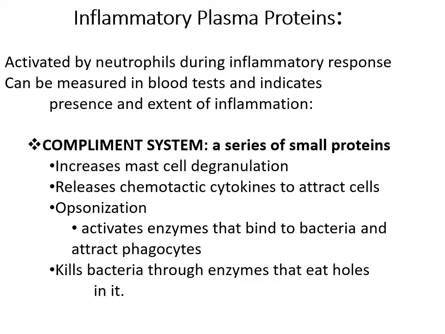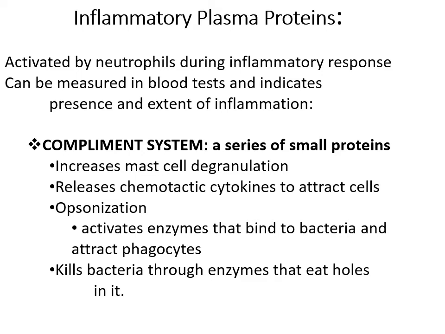So the complement system is just a small series of proteins, and what do they do? Well, they will increase mast cell degranulation even more, so causing more histamine release. They're going to release more cytokines from, say, neutrophils and macrophages to attract even more cells.